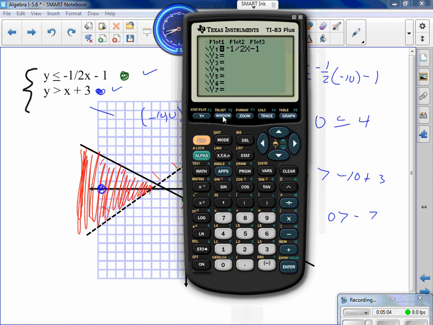Instead of a solid line, if I press enter, it does a thicker line. If I press enter again, it shades it above. If I press enter again, it shades it below. The second one needs to be shaded above, so keep hitting enter until you shade above. It also does little keyholes where it'll trace it, circles, or a dotted line.